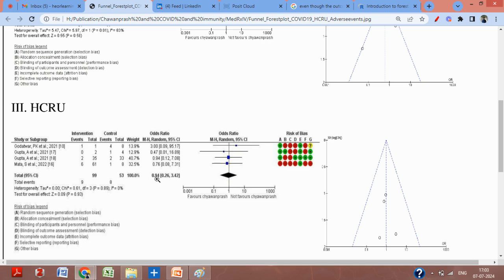For example, over here the odds ratio is 0.94, with a confidence interval of 0.26 to 3.42, which is also non-significant. So this is how your understanding should be when you read a forest plot with different sizes of boxes. You should be able to understand what these boxes mean and what the whiskers represent.